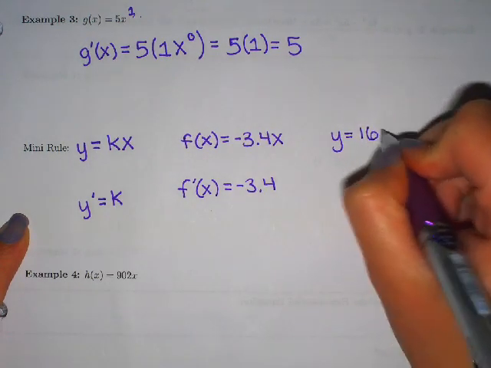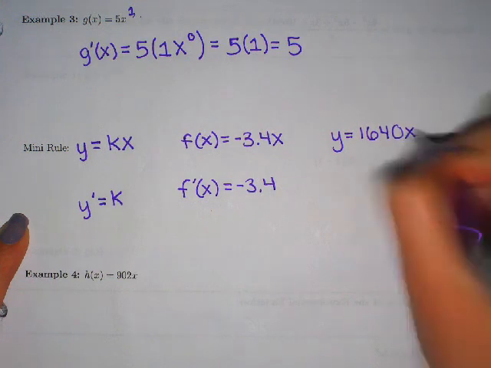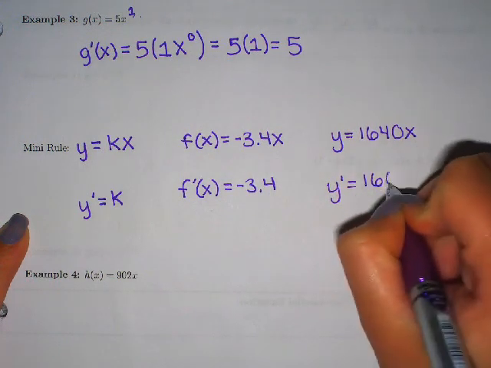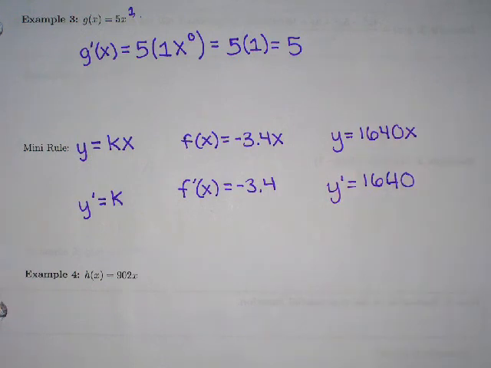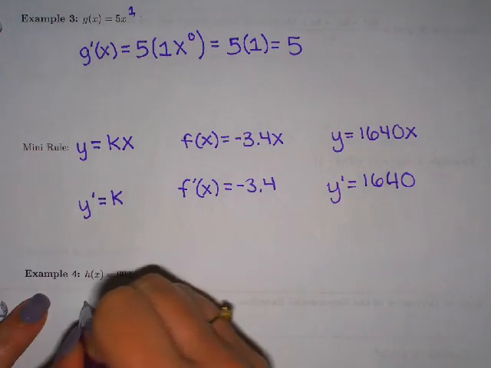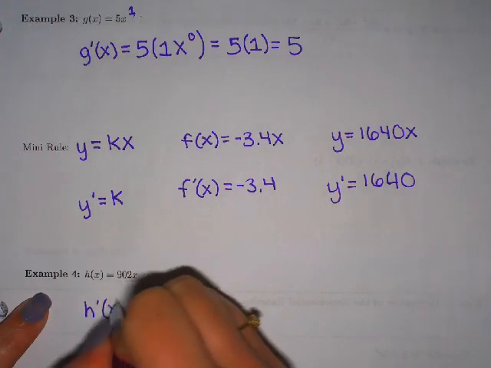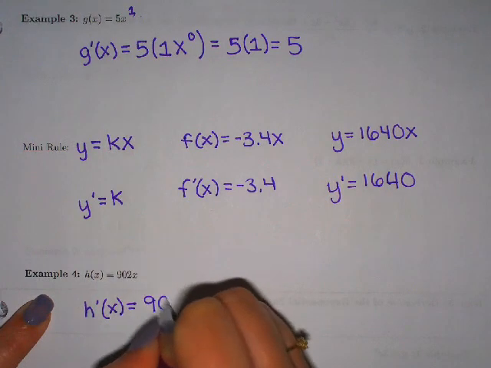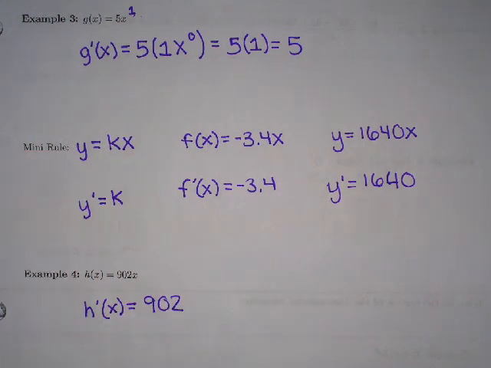Y equals 1,640x. The derivative of 1,640x is going to be 1,640. Okay, our mini rule. So try this one. What's the derivative of 902x then? It's going to be called h prime of x because it was called h in the original. Derivative of 902x is 902.